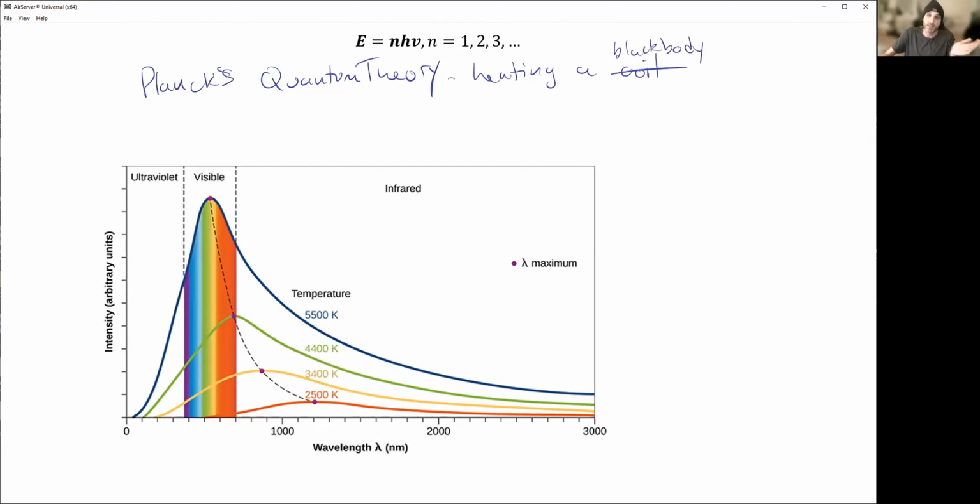Again, black body is a fancy word for putting some heat through something. It emits heat. Okay, so we know that that's true. First showing no light, and then eventually red all the way to white.